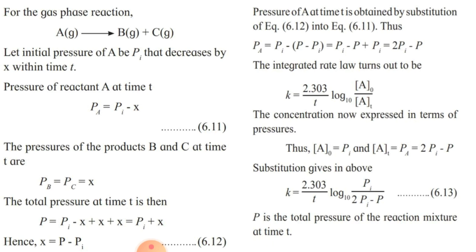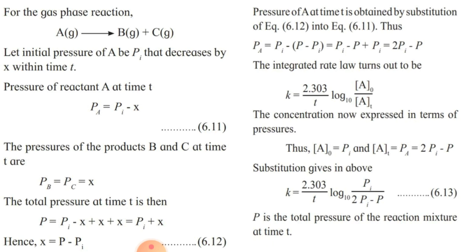With increase in time, at time t, the pressure has changed to 3. So how much is the decrease? There will be a decrease of 2. So that value will be the pressure for B and C.